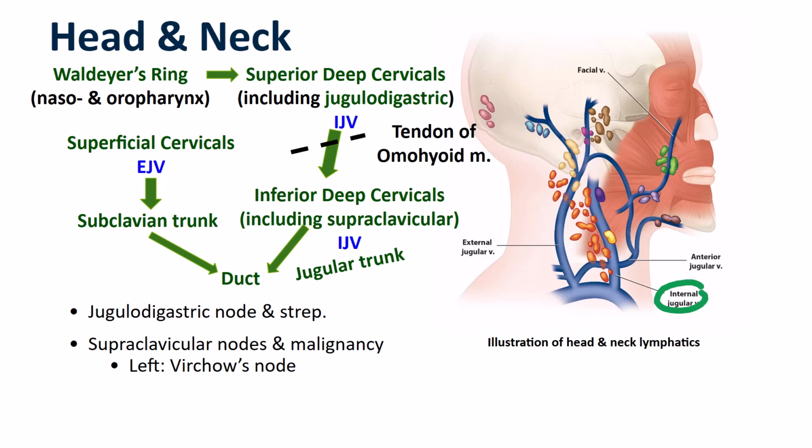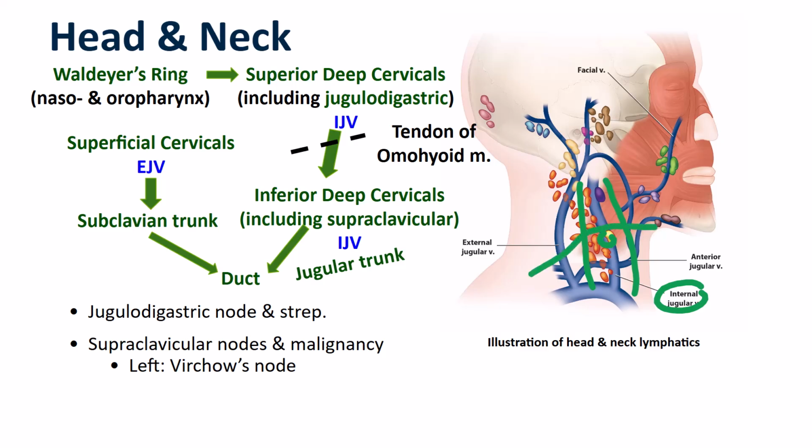So there's a superior group that includes the jugulodigastric node, and then there's an inferior group coming all the way down. So basically all of this stuff there, which includes a supraclavicular node. And these two are divided by the intermediate tendon of the omohyoid muscle.